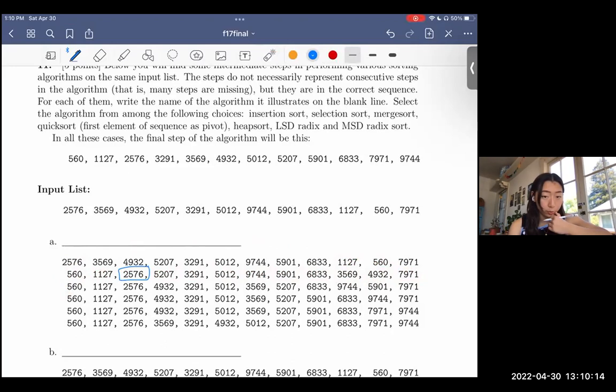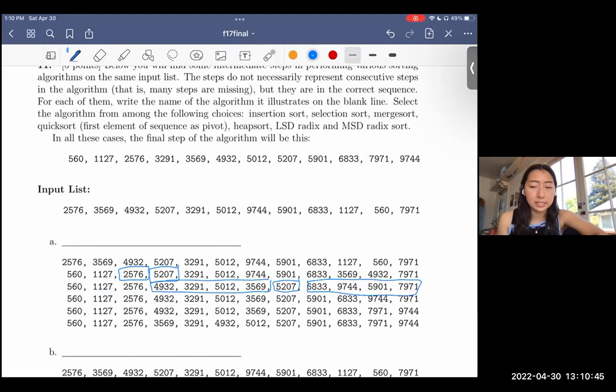If it were quicksort, what would happen? We'd see that eventually there'd be a recursive call on the left side, and also a recursive call on the right side, where 5207 would be taken as the pivot. If we were to have a consecutive call next, we'd see all the elements less than 5207 on one side, which is true, and all the elements greater than 5207 on the other side, with 5207 being moved to its correct place in the middle.